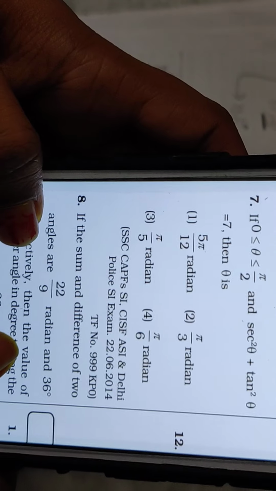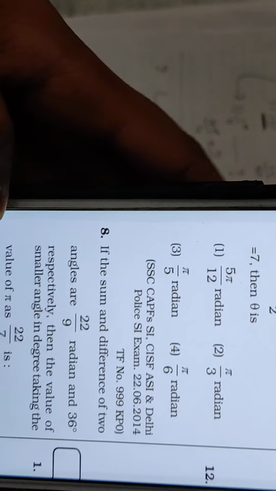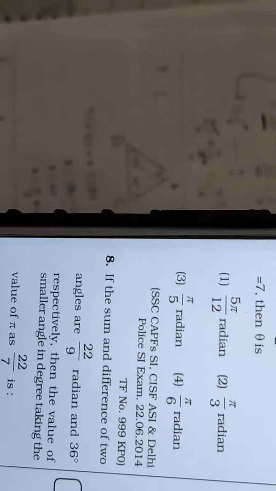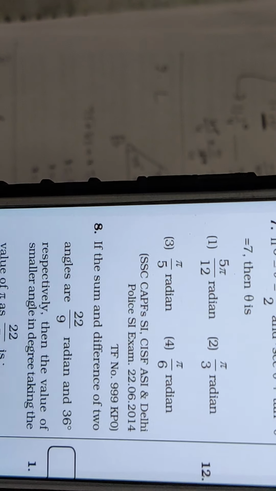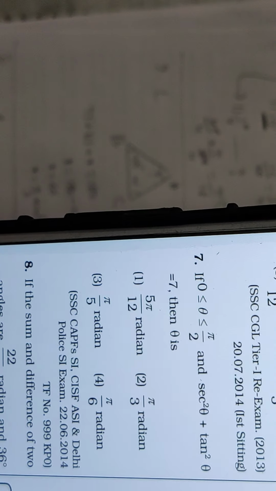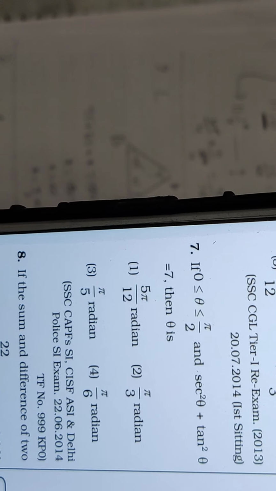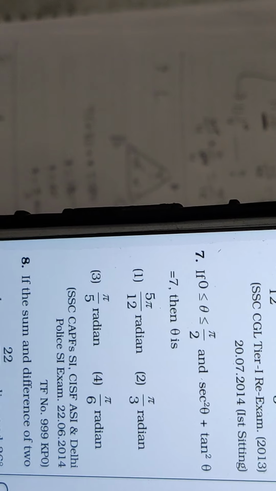It is given secant square theta plus tan square theta is 7. Then the value of theta is how much? And we are given one condition, that theta always lies between 0 and 90 degrees.